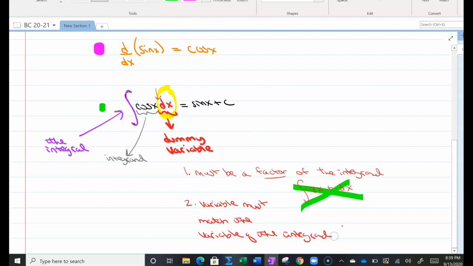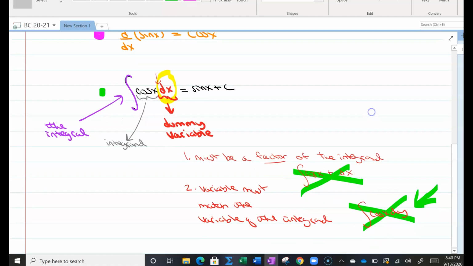What that means is you will never see something like this: the indefinite integral of cos x dy. You will see that next year in multivariable calculus, but you will never see something like this year. This actually does mean something later on.